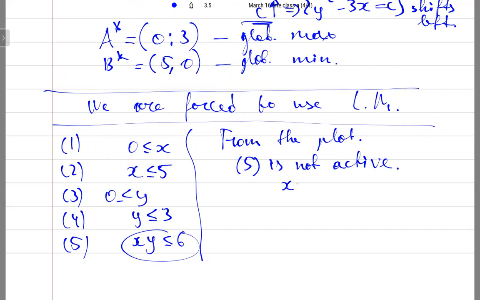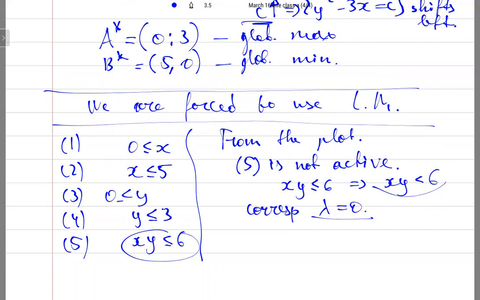So I may replace xy less than 6 by xy strictly less than 6. In that case, the corresponding lambda is 0. And if the corresponding lambda is 0, when I write the Lagrangian function I can completely ignore inactive inequalities. So if from the graphical analysis of the problem I'm sure that some inequality is non-active, then I just ignore it in the Lagrange multiplier method.